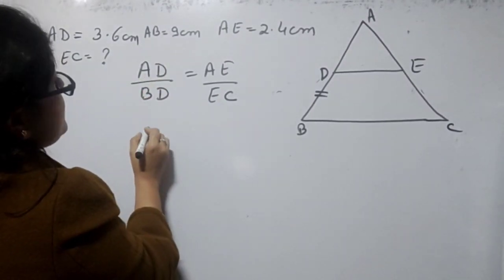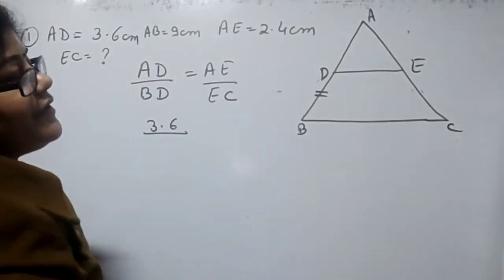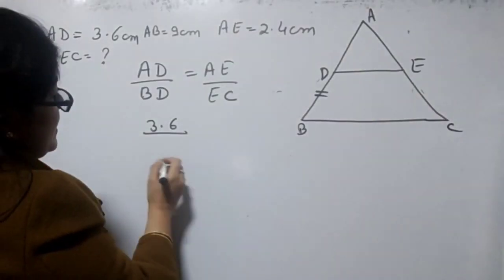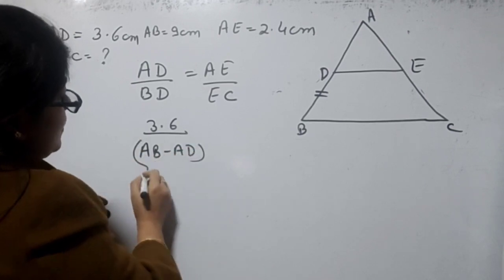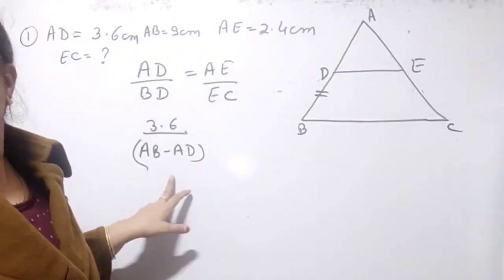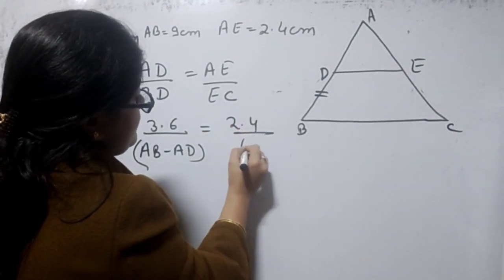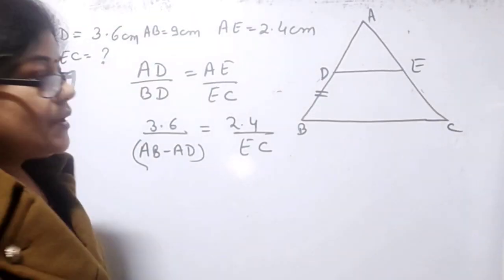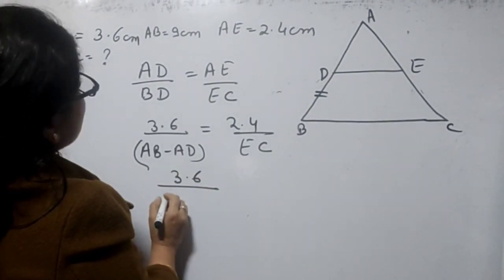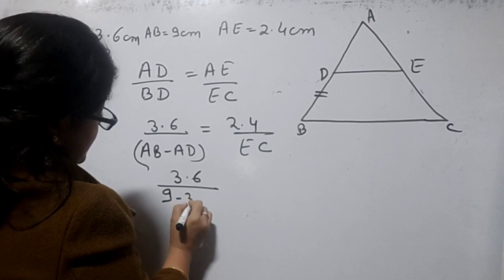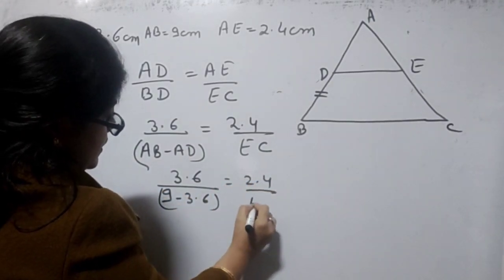Now the value of AD is 3.6. The value of BD is not given to us, so BD can be found by AB minus AD, because the values of AB and AD are given. Here AE is 2.4 and EC we have to find out. Putting all the values, we have 3.6 over the value of AB, 9 minus 3.6, is equal to 2.4 over EC.